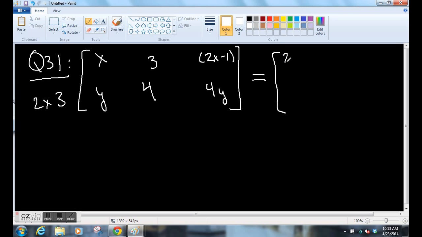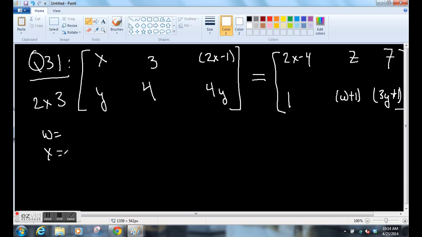This equals another matrix that is 2x minus 4, z, 7, 1, w plus 1, and 3y plus 1. All right, so these are two matrices that contain variables, and the question asks you to find w, x, y, and z.